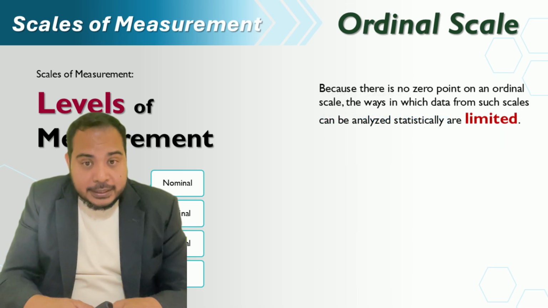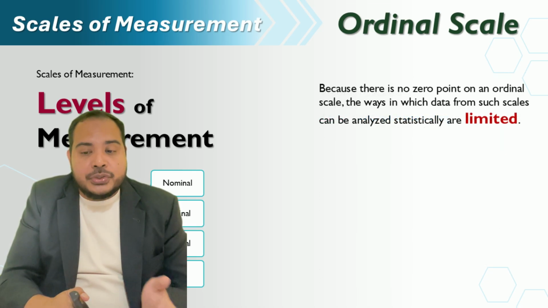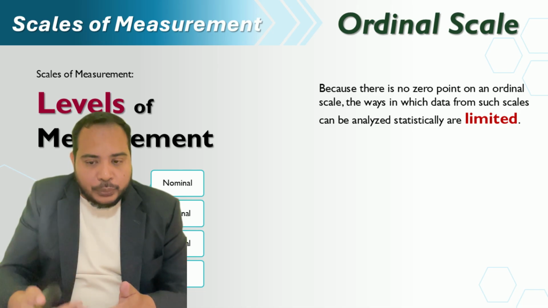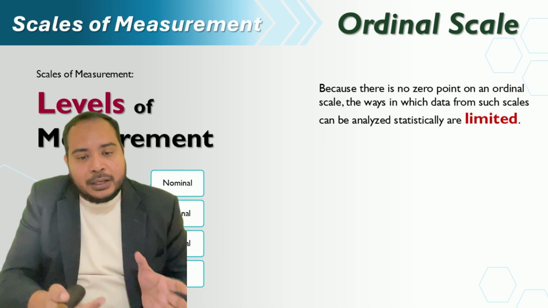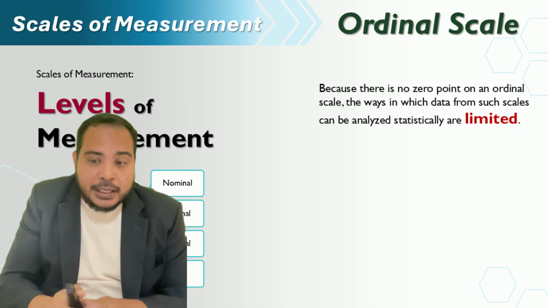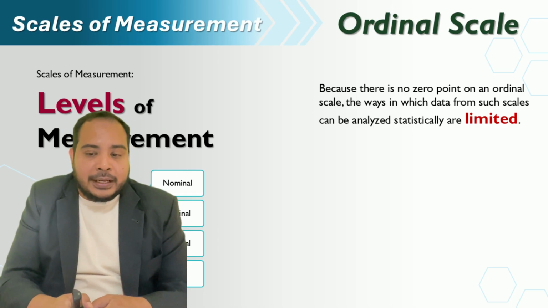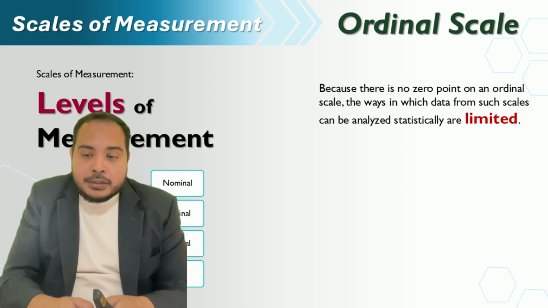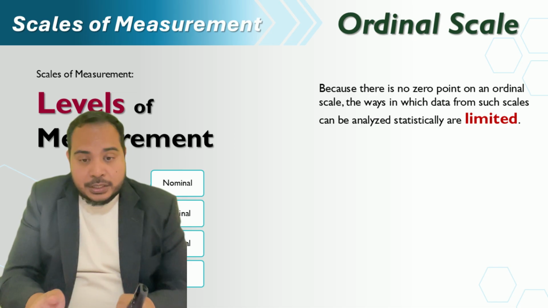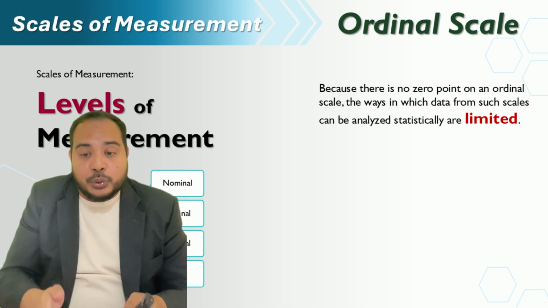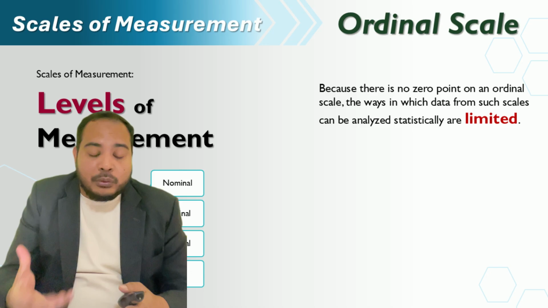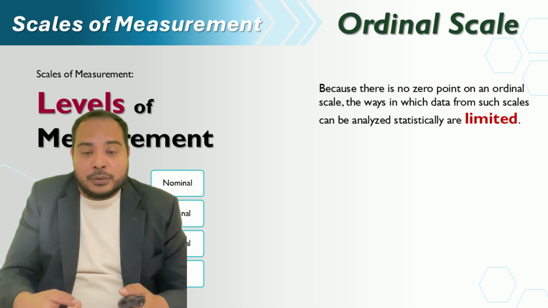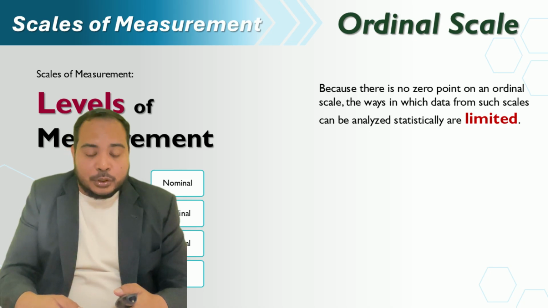Because there is no 0 point on an ordinal scale, the ways in which data gathered using ordinal scales can be analyzed statistically are quite limited. Why? Because there is no exact distance between ranks, and there are no values of 0, so it's quite limited in terms of the type of analysis that we can do.